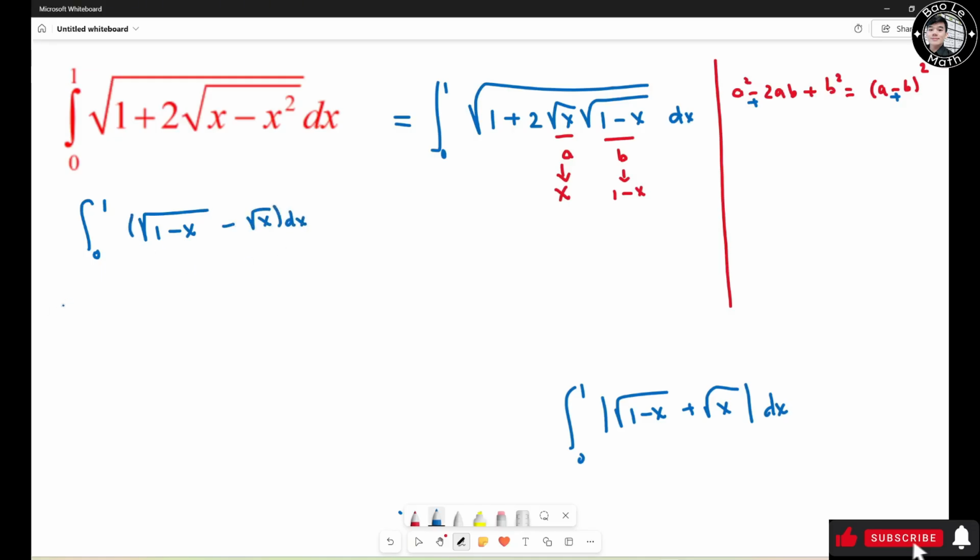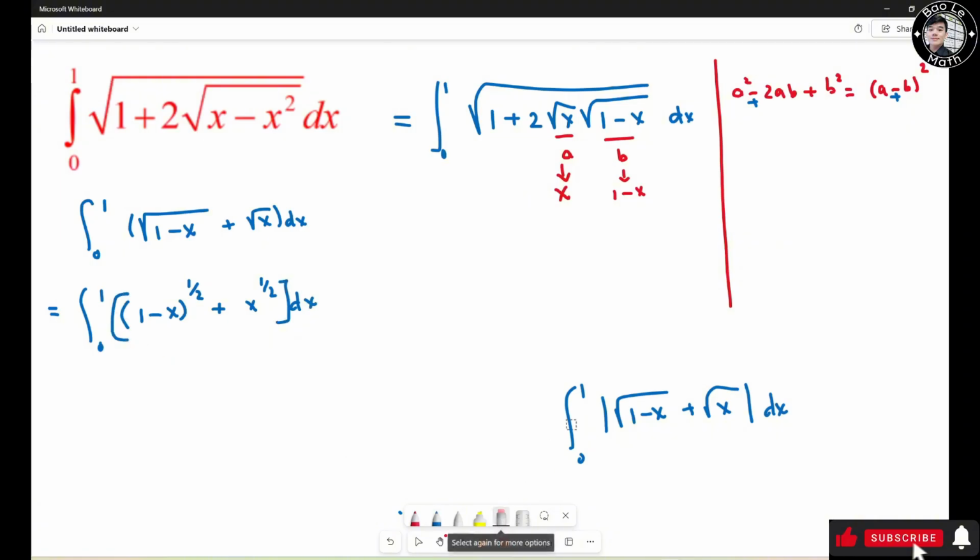Now I can convert this one into exponents, so it will be the integral from 0 to 1 of 1 minus s to the power of 1 half, plus s to the power of 1 half ds, right?